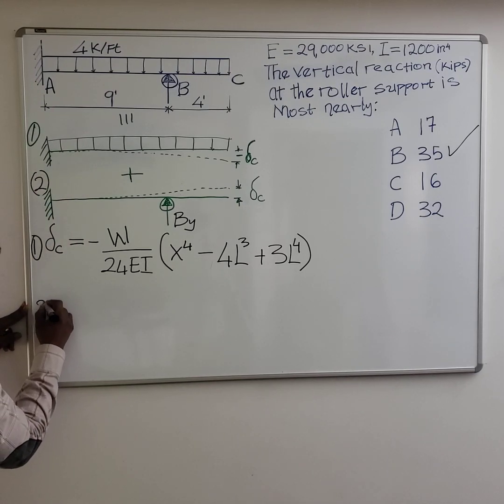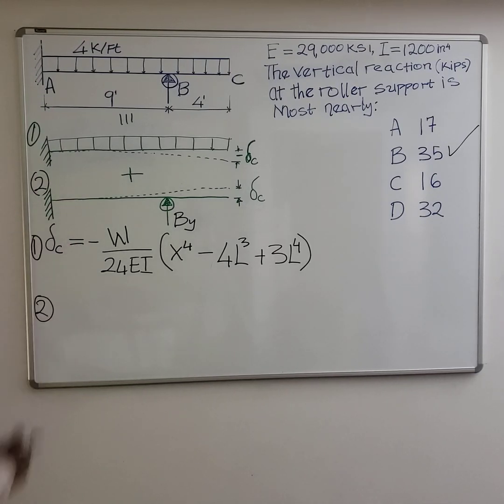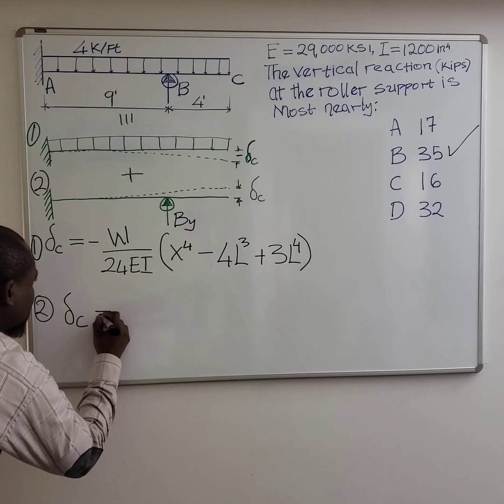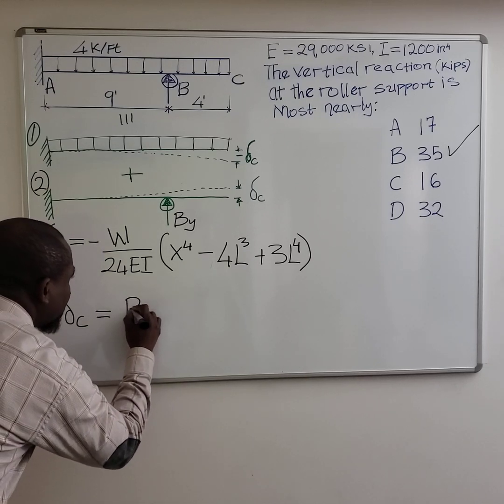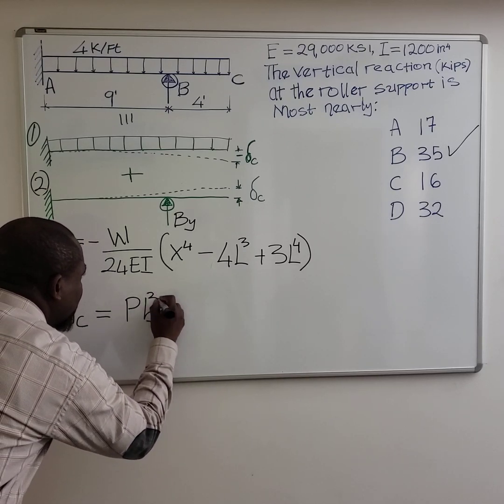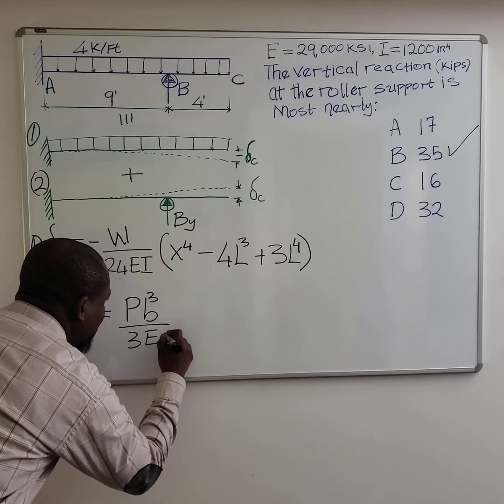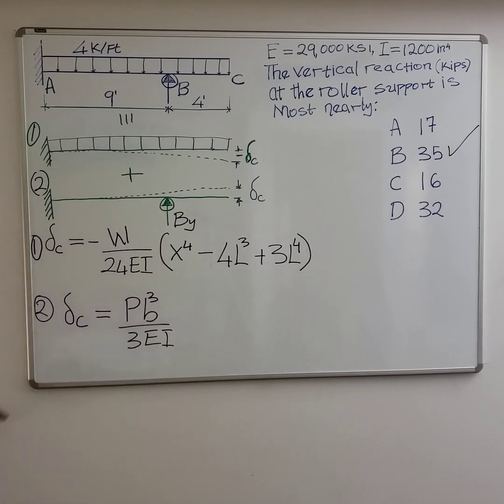For the second situation, which is this one, when you go to the book again, you will find a formula that matches this, and it's like this. It's going to give you PB raised to power 3 over EI. Okay. So now you have this formula here.